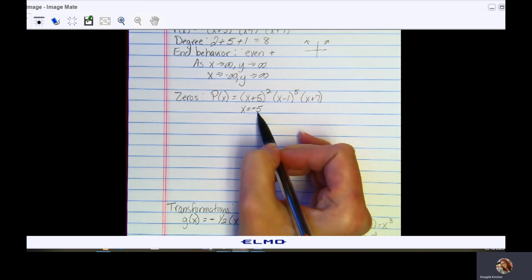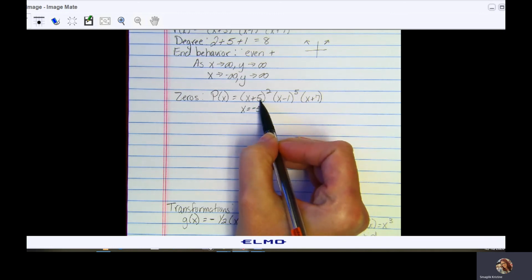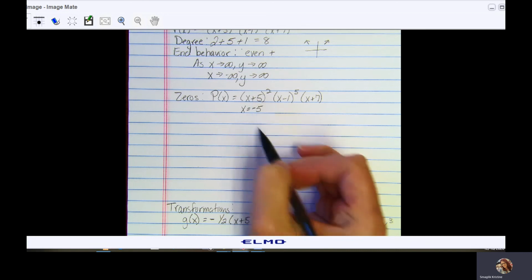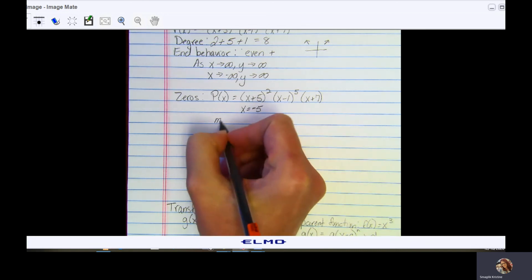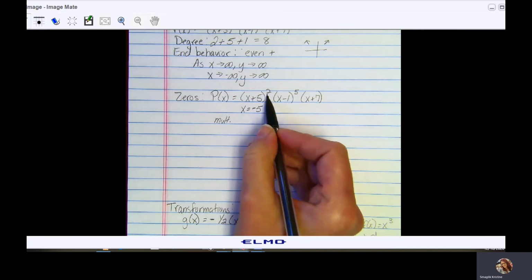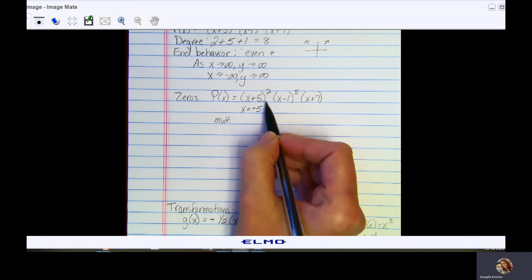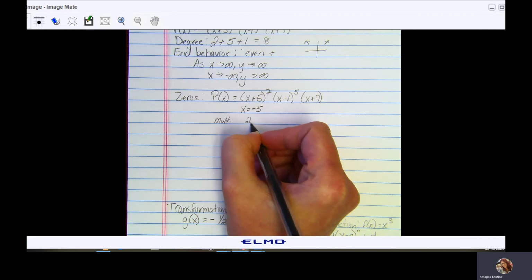If you put -5 in here, -5 plus 5 is 0. Just take your number, change the sign. Now, multiplicity is the number of times a 0 appears. You can always look at the degree to determine how many times this zero is going to appear. The degree here is 2, therefore the multiplicity is 2.